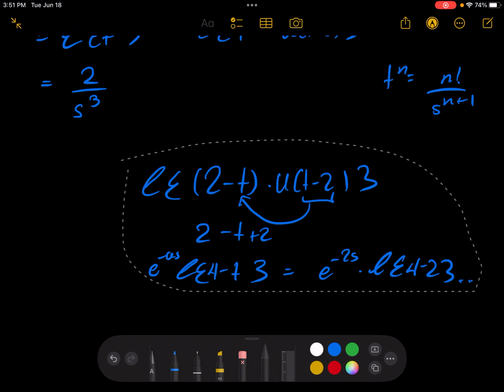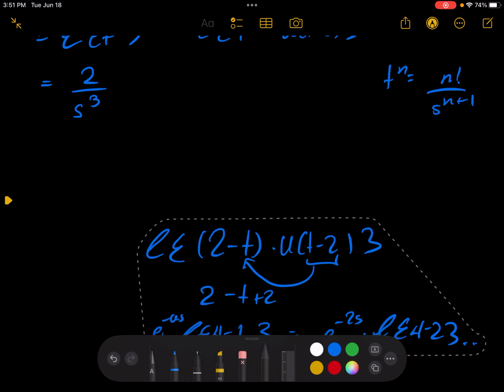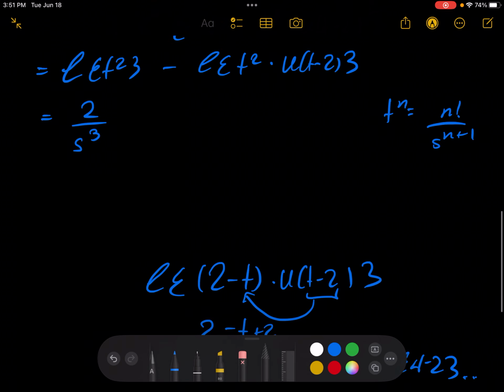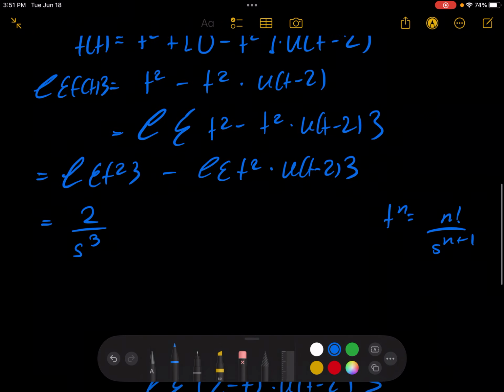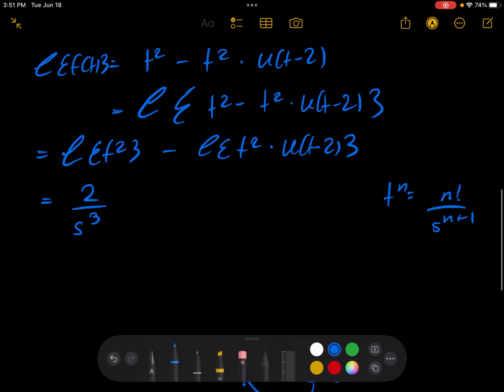Let me see if this works. Okay, cool. This is my first time using this, but I really like the way it turns out letter-wise. I'm going off topic. So in this case, we're going to go e to the negative 2s times the Laplace of t minus 2 squared.